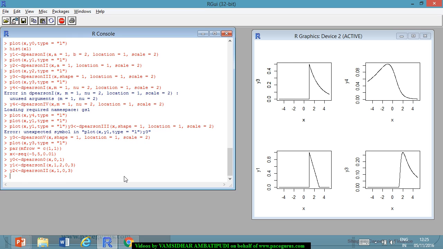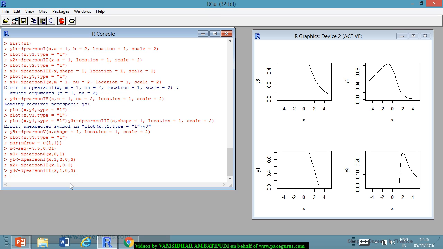Then I have y3, which is my gamma distribution. I'll say dpearson3 of X. This also requires one shape parameter, one location, and one scale parameter. So I'll take it as 1, 0, 3 itself: shape, location, and scale.